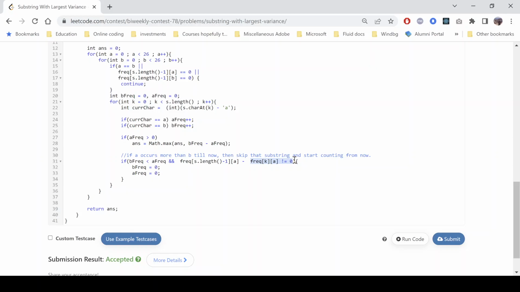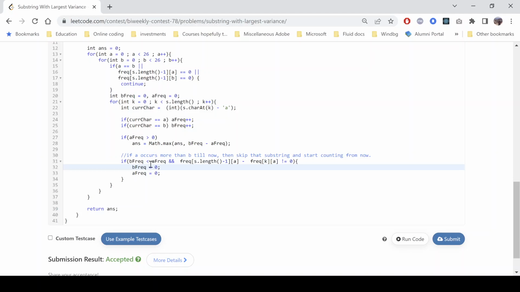If we have at least one A, then we'll skip the strings that we have seen till now. So we make B frequency equal to 0 and A frequency equal to 0, because till now the frequency of B was less than A. We want B to be maximized and A to be minimized, or I can say the difference to be maximized. For that, we should have B having a greater value and A having a lesser value.